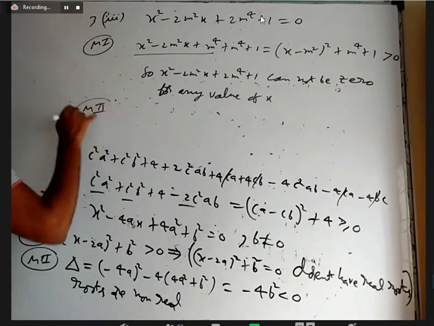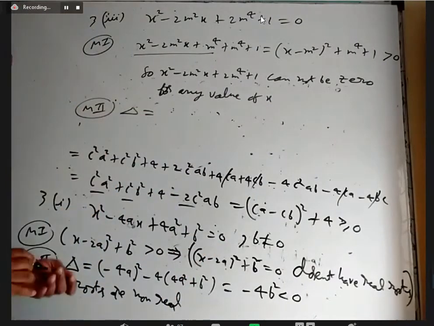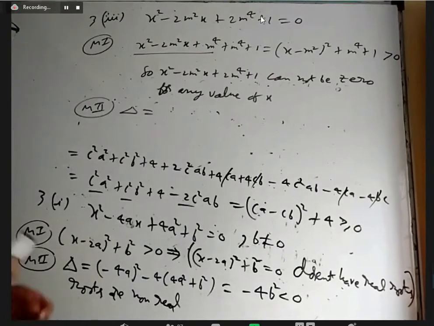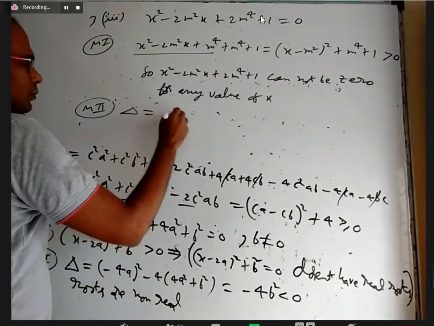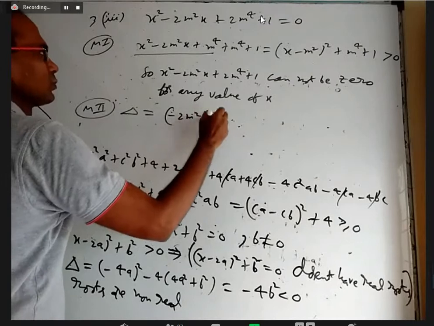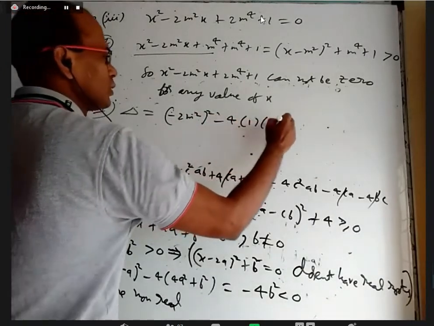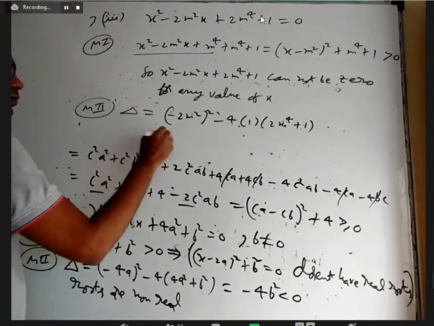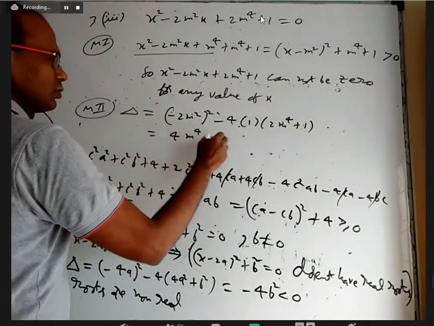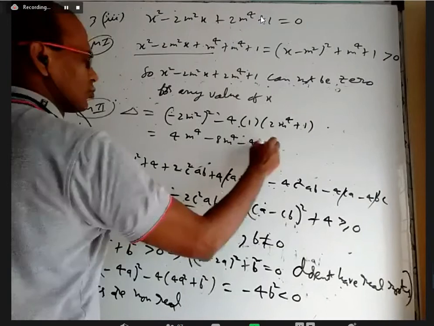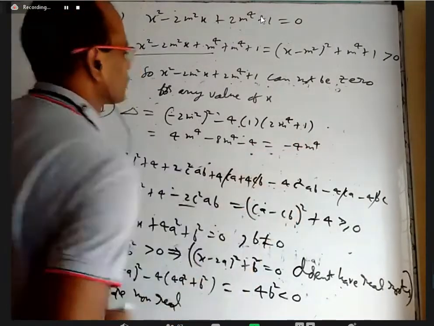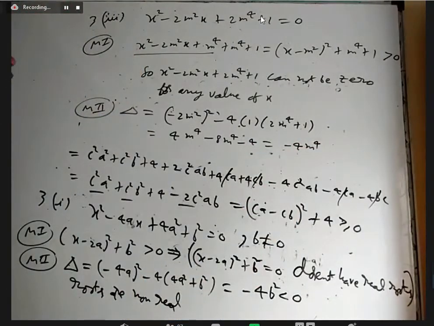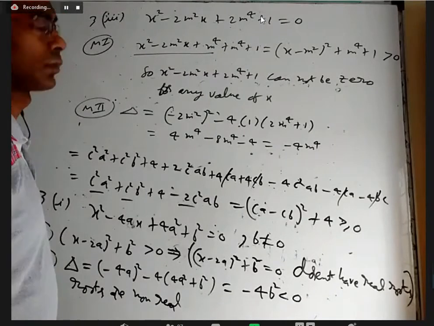Okay, method 2: you can find the discriminant, simply b square minus 4ac. That is (minus 2m square) whole square minus 4 into 1 into (2m power 4 plus 1), which is 4m power 4 minus 8m power 4 minus 4. Sir, it is plus 2.